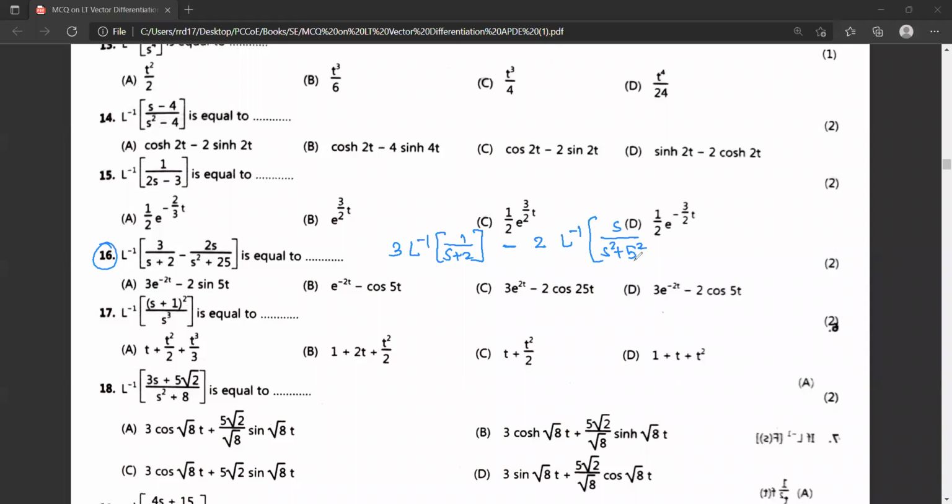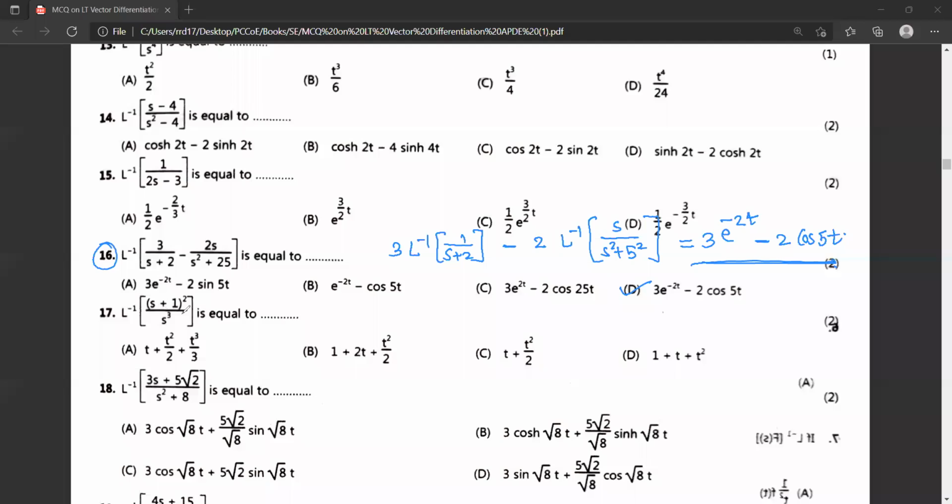We don't need anything, there is already s there. So this is going to be equal to 3 into e raised to minus 2t, minus 2 into cos 5t. So which answer is correct? D. Okay.